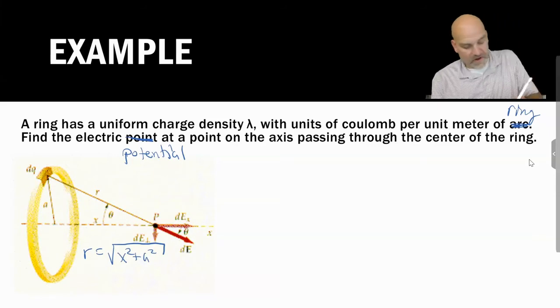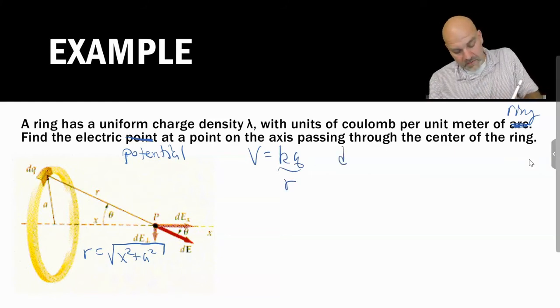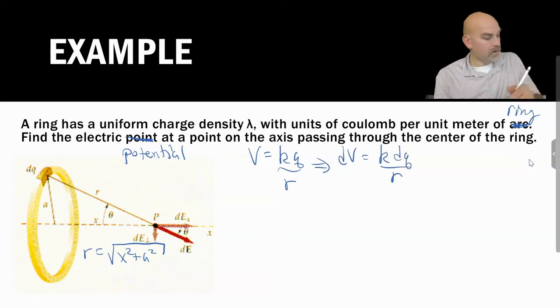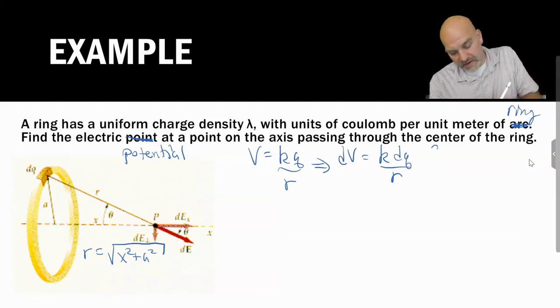Okay, and we just start, just like we did towards the end of the notes portion, with KQ over R. Well, we're doing a dV, so it's going to be K dQ over R. And this is because the charge changes per unit length.